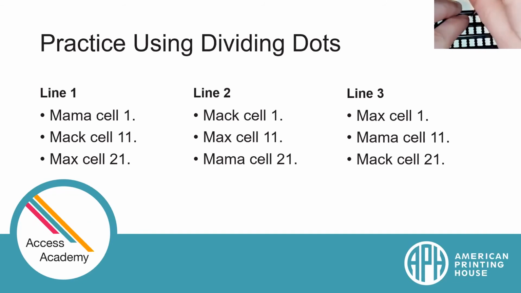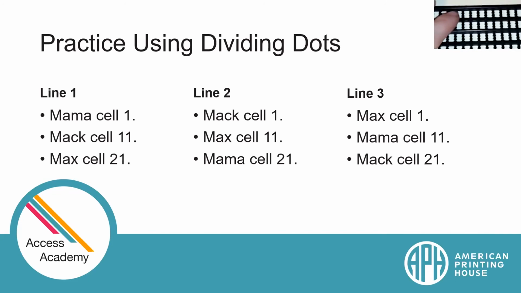The rest of this slide is actually talking about doing the same thing in line 2 and the same thing in line 3. Actually creating columns of answers or words, numbers. This is a way that you can actually move. Practicing having lined and items using your dividing dots is a way to line things up for yourself as well.